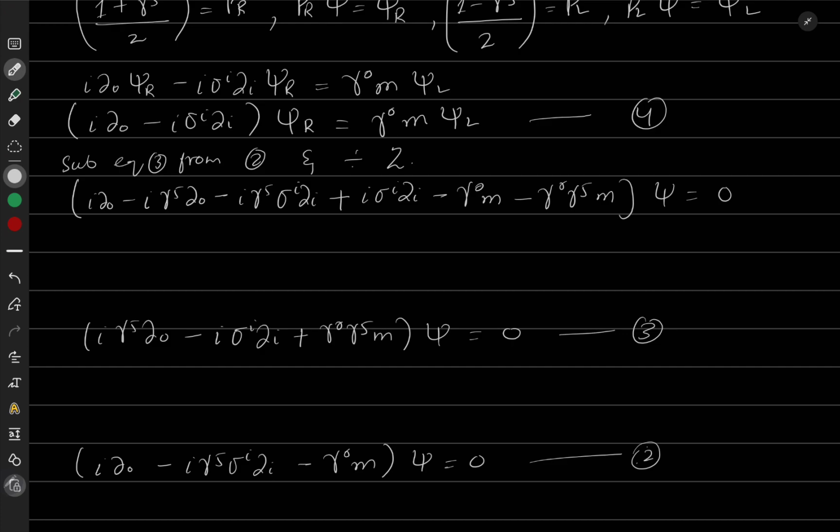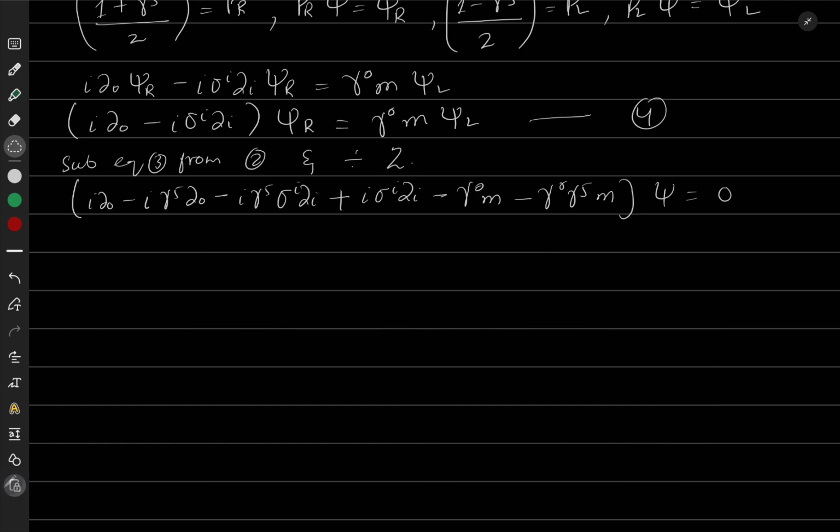Okay, now I can remove these two equations from here. Their work is done.